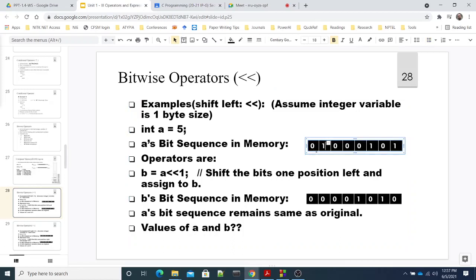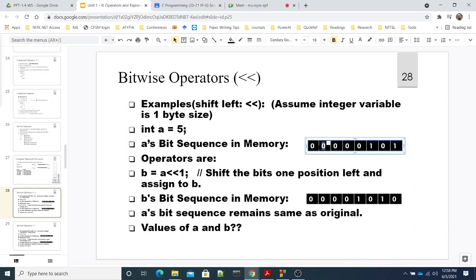After the first shift it will come here. After the second shift this 1 is going to go out. So from the left end, bits are going to go out of this pipe. As long as 0 is going out, I don't have data loss. I get a doubling effect, multiplying by 2.